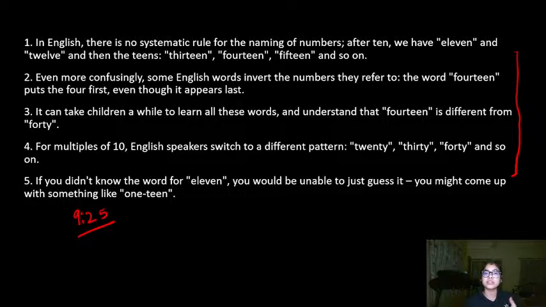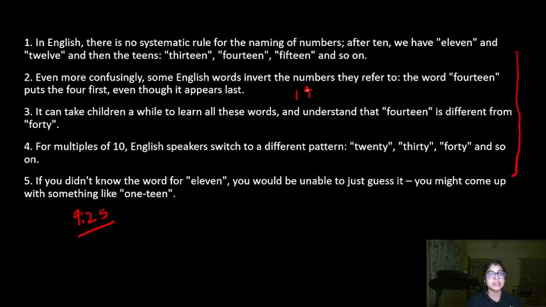In English, there is no systematic rule for naming of the numbers. After 10, we have 11, 12, and then teens. Even more confusingly, some English words invert the numbers they refer to. The word 14 puts the 4 first, even though it appears last.